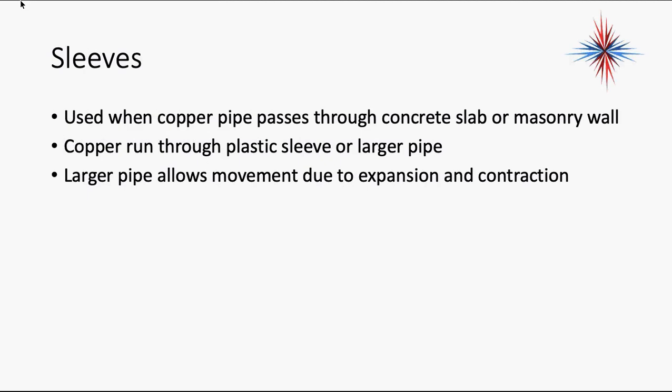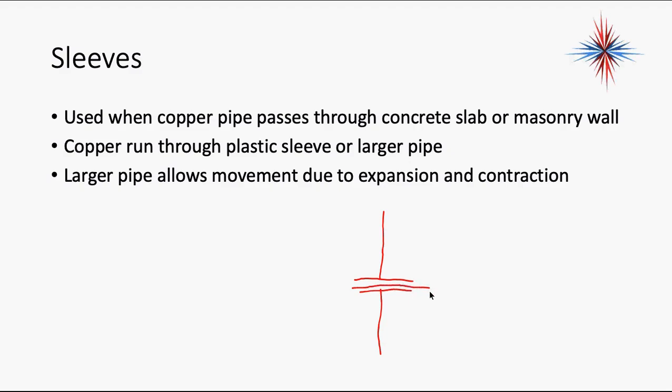Okay. When copper pipe passes through a concrete slab or masonry wall, we run the copper pipe through a plastic sleeve. In other words, if I have a wall here, I'm going to put a plastic sleeve or a PVC sleeve, and I'm going to run my copper pipe through the center of it.